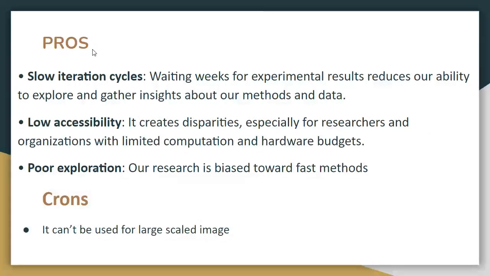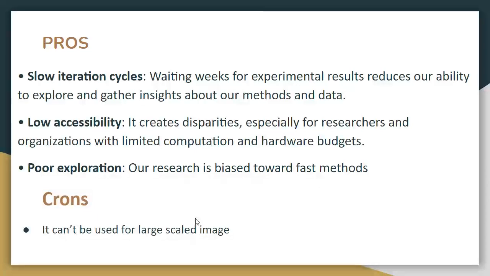Okay, the pros and cons of Synbols. Pros are the slow iteration cycle, waiting weeks for experimental results, reduced ability to explore and gather insight about our method and dataset, the low accessibility that creates disparities, especially for researchers and organizations with limited computation and hardware budgets, and poor exploration of research biased towards fast methods.